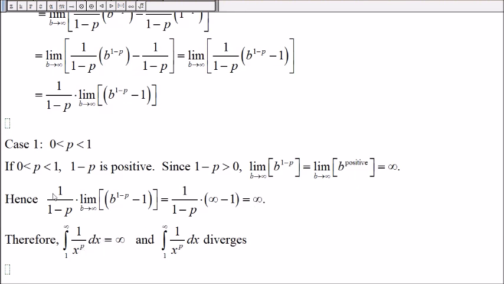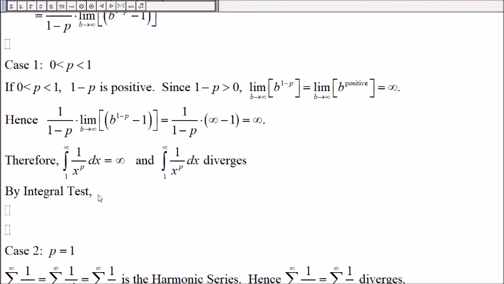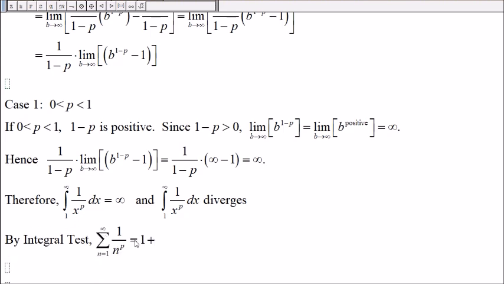And therefore, the integral of 1 divided by x to the p for p between 0 and 1 is equal to infinity, and therefore it diverges. And so by the integral test, we know that the p-series here diverges also.